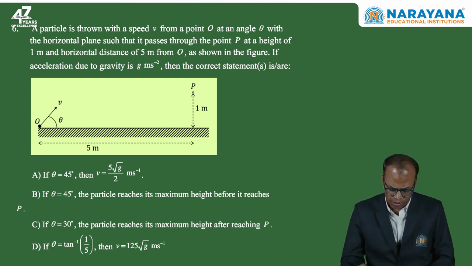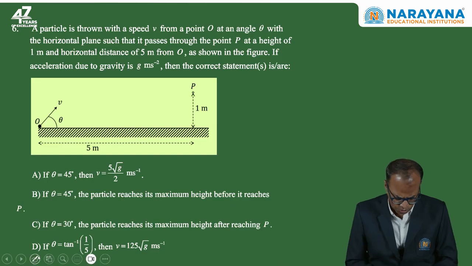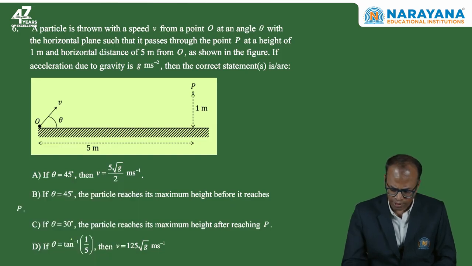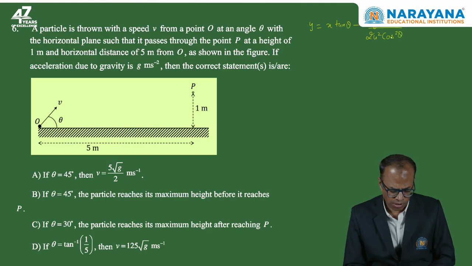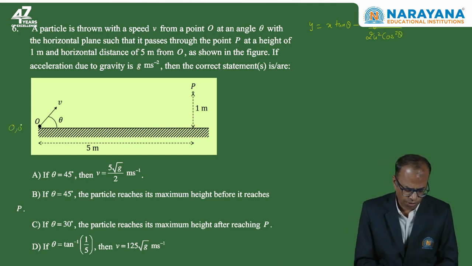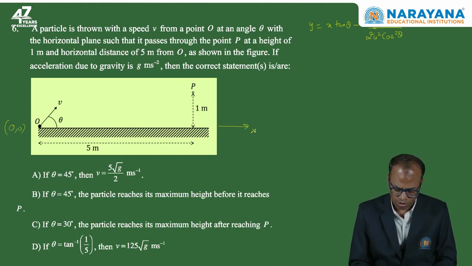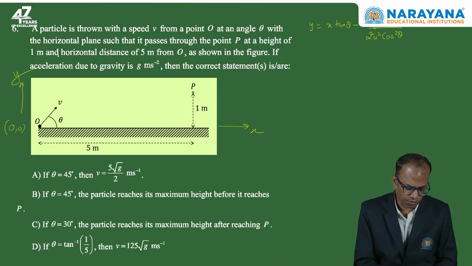So let's try with the first one. The equation of the trajectory I will write: y equal to x tan theta minus g x squared by 2u squared cos squared theta, and I'll choose the point of projection as 0 0, horizontal as x-axis and vertical as y-axis.